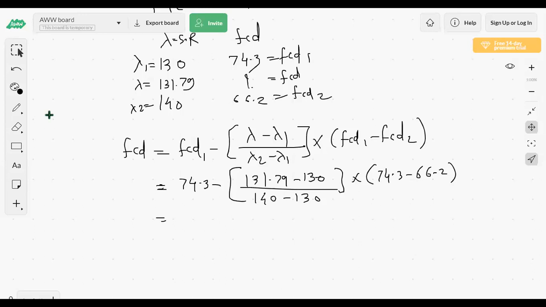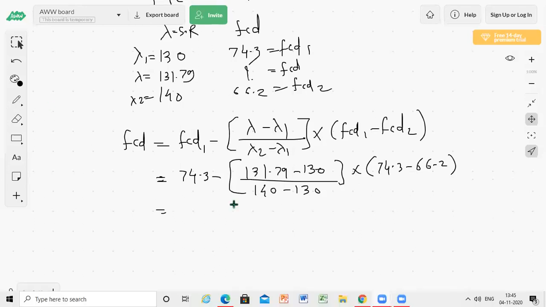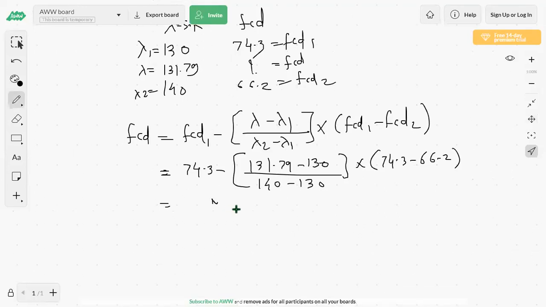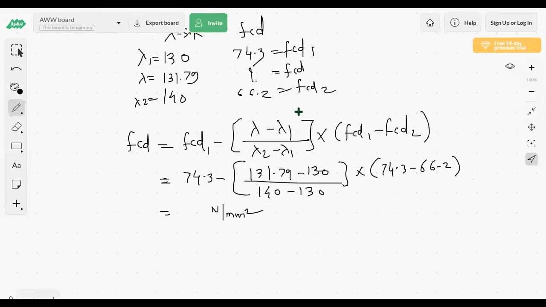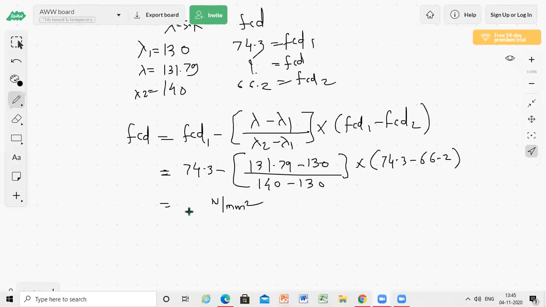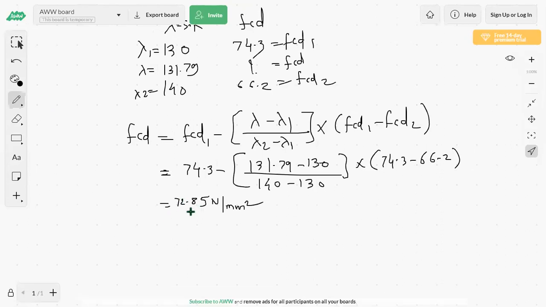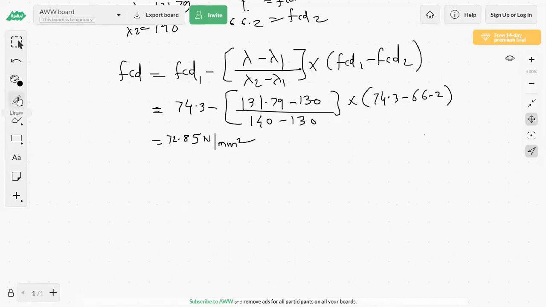The unit is Newton per mm square. Okay, so this is the FCD. Now put this FCD value. Okay, we got the FCD value.